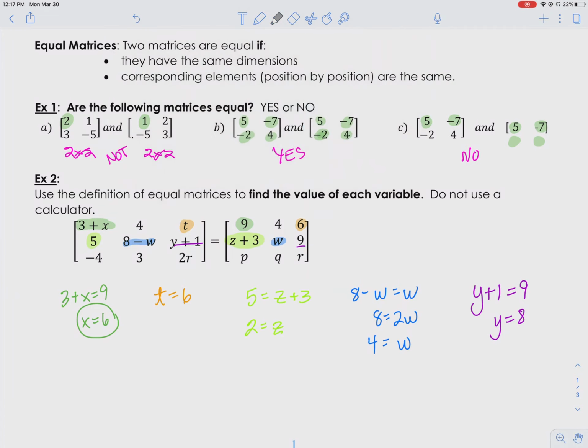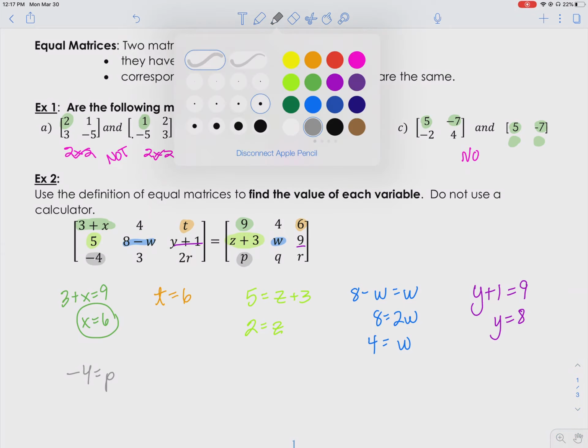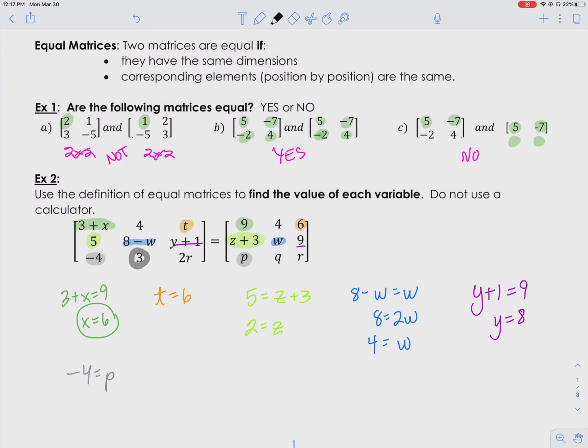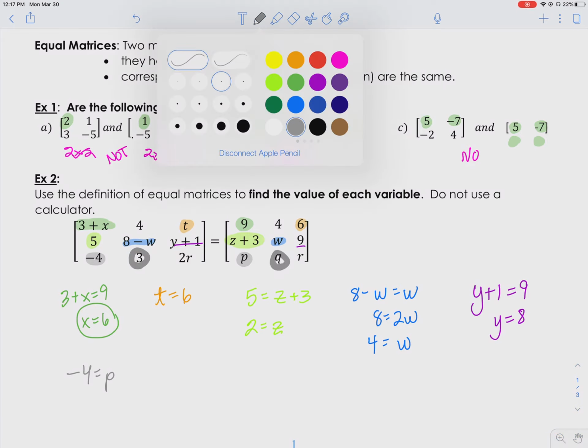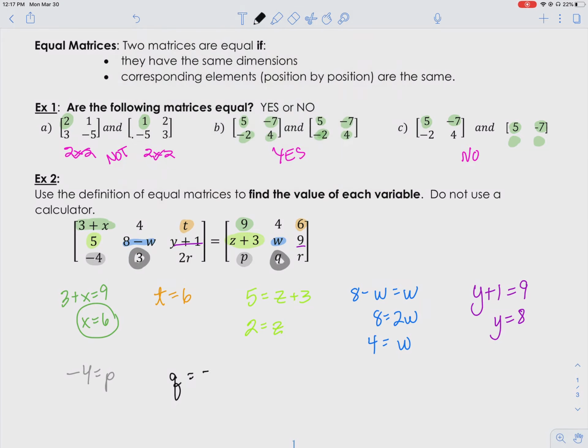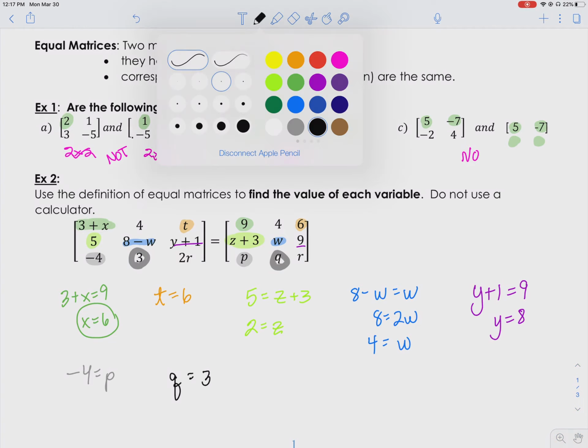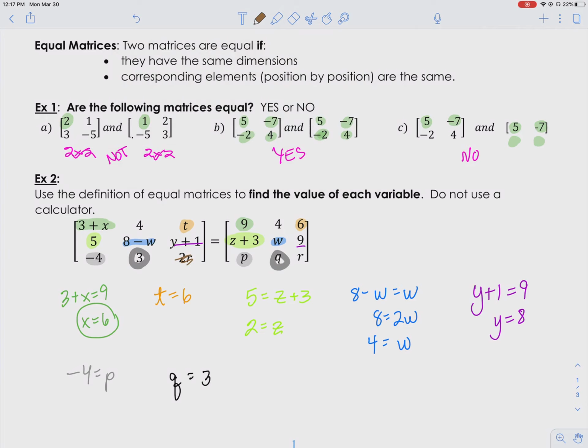This one's pretty simple. -4 is p. So I'll just write it down. -4 equals p. So I also know that my q is equal to 3. And my last one, let's see what I haven't used. 2r is equal to r.